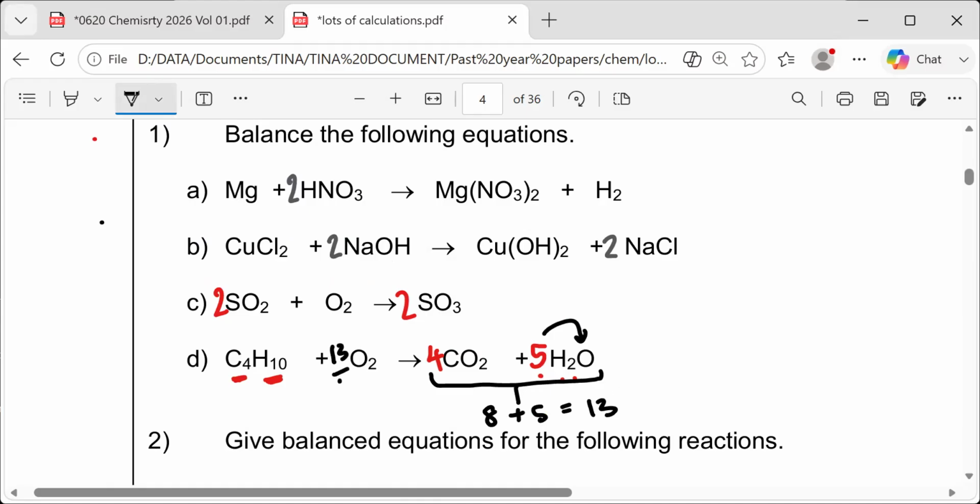Then what do you do? Times 2. 13 over 2 times 2 is 13. 8 and 10. Do you get it?